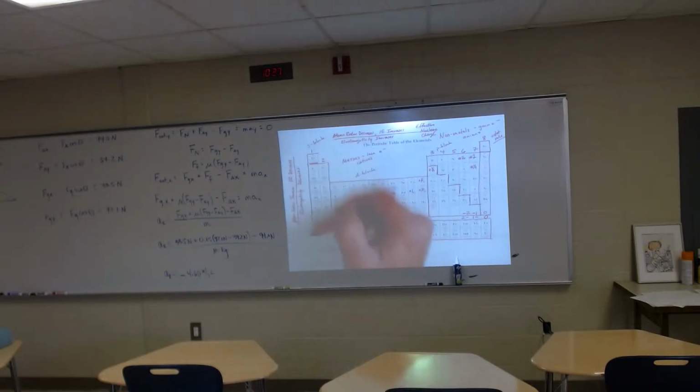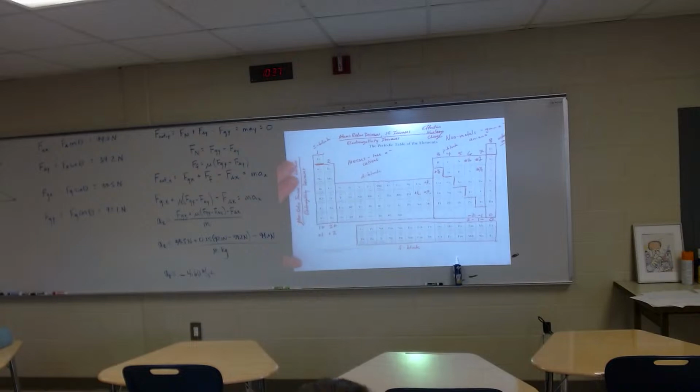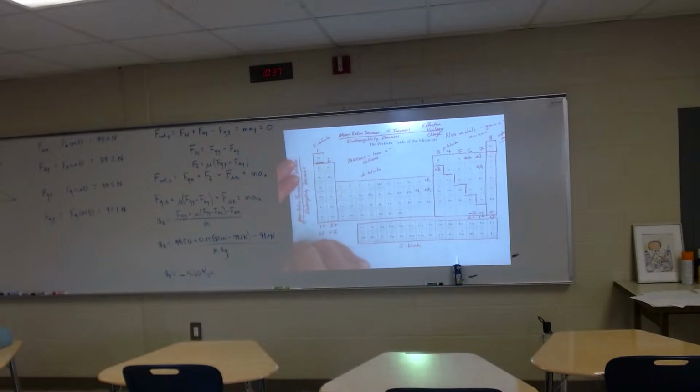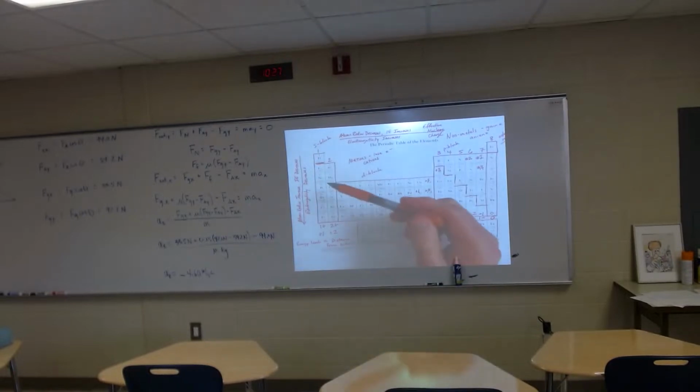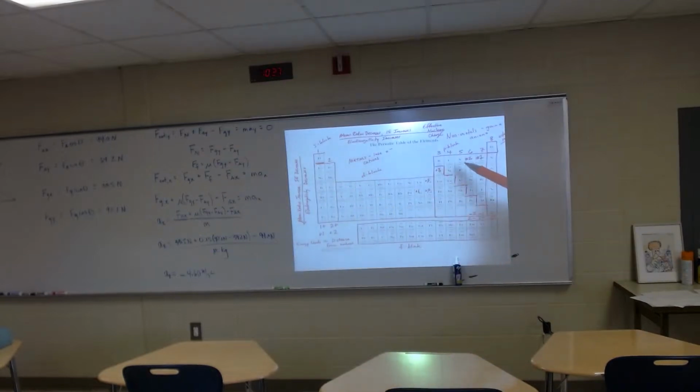All right, if you're going down a group, it's about energy levels, which equate to distance from the nucleus. So as you go from nitrogen to phosphorus to arsenic to antimony, going down that group, the energy levels of the occupied orbitals are getting higher and higher.